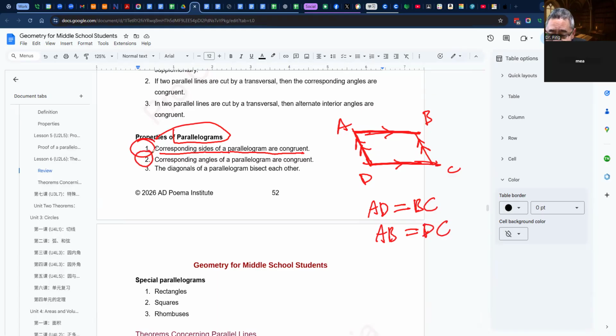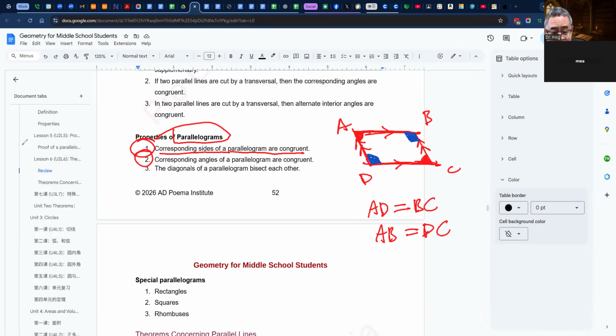The second one is that opposite angles of a parallelogram are congruent. That means this angle is congruent to this angle, and this is only true when it is a parallelogram. And this angle is congruent to this angle. That's our number two. Number three says that the diagonals of a parallelogram bisect each other.